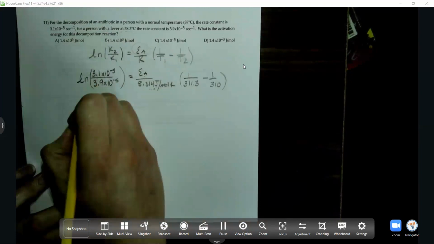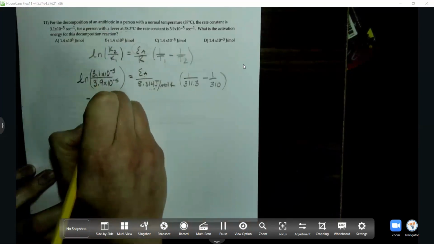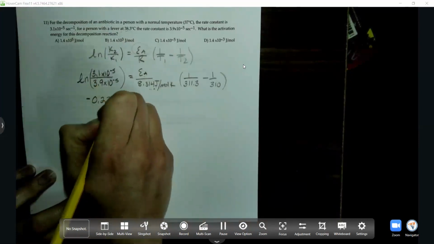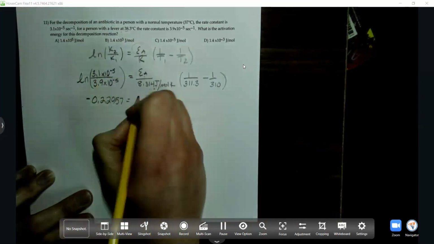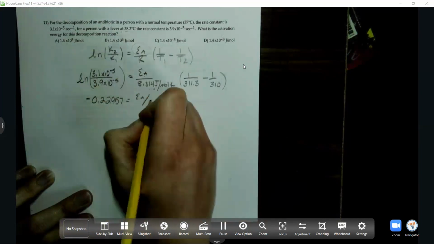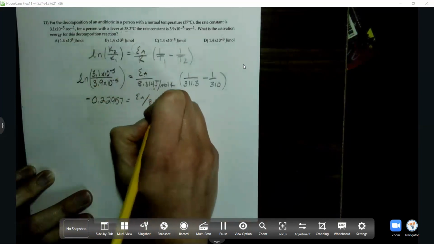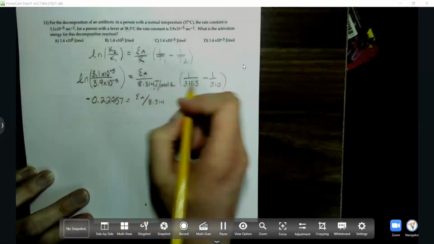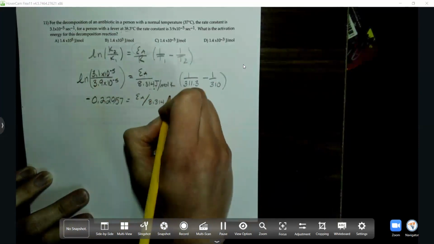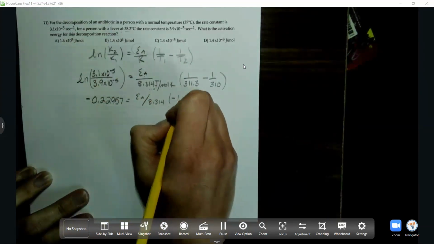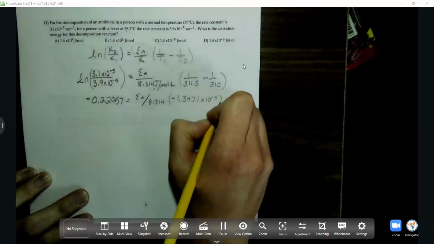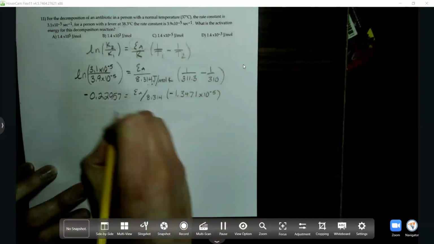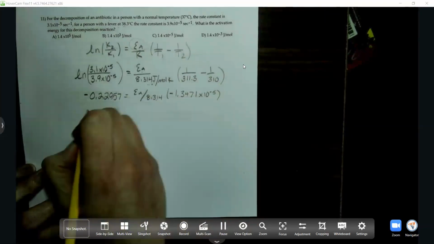So when you do this, 0.22957 equals Ea divided by 8.314. Drop my units. And then this value is negative 1.3471 times 10 to the negative 5th. Divide by 8.314.